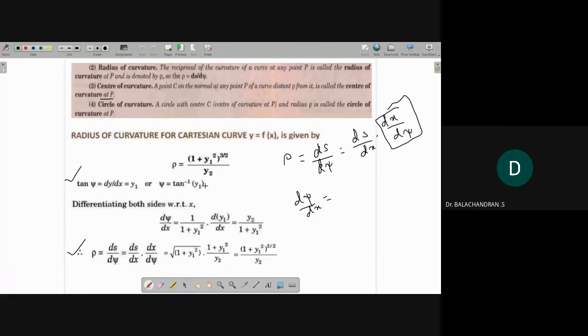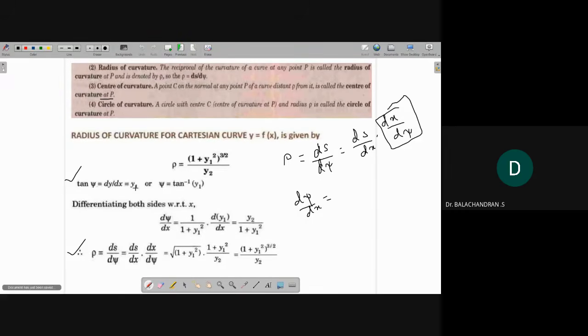I need d psi by dx, so we need to differentiate psi with respect to x. What is the formula for differentiation of tan inverse of x? It is 1 by 1 plus x square, and then you need to differentiate x.